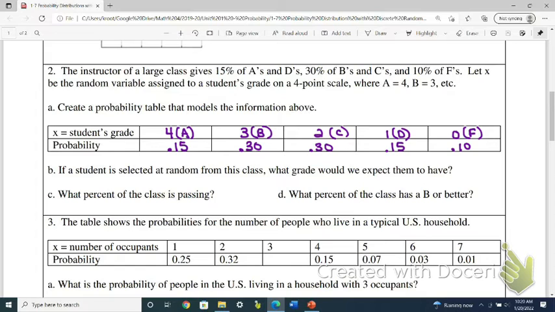So if a student is selected at random from this class, what grade would we expect them to have? So anytime I see expect, what I'm going to do is I am going to multiply all of these things together and add them. So anytime you see expected, that's what we need to do.